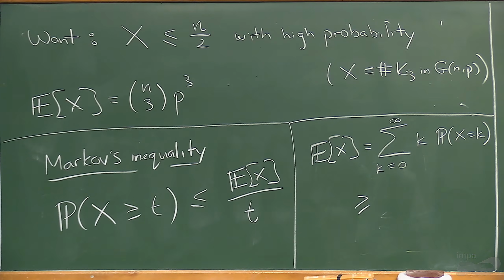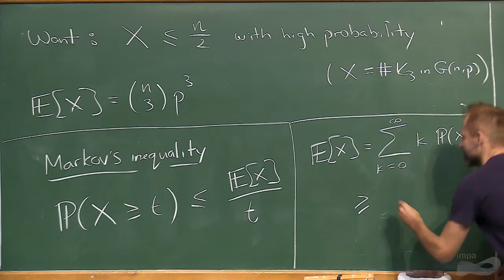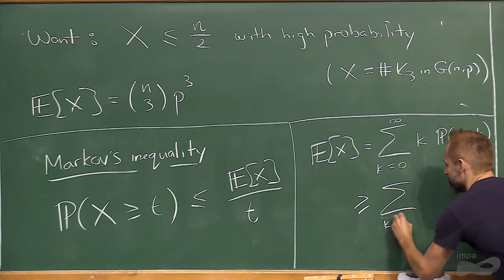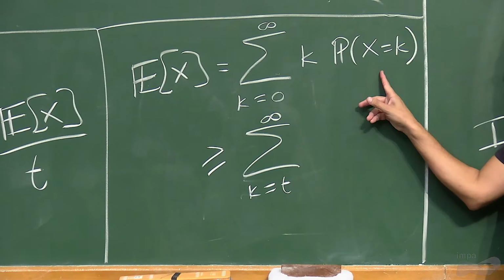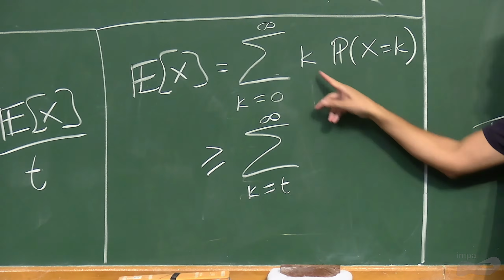Exactly. Just throw away everything below t. This is always positive. And exchange the k for a t.